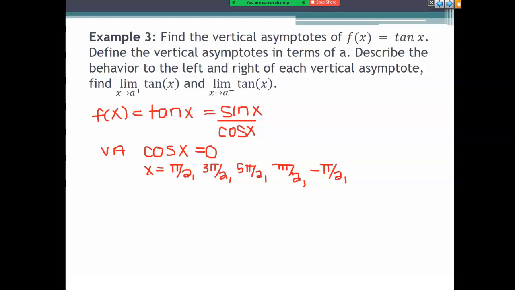Yeah, so exactly. There's an infinite number of vertical asymptotes because it doesn't have a beginning or an end unless you have a restricted domain or range.